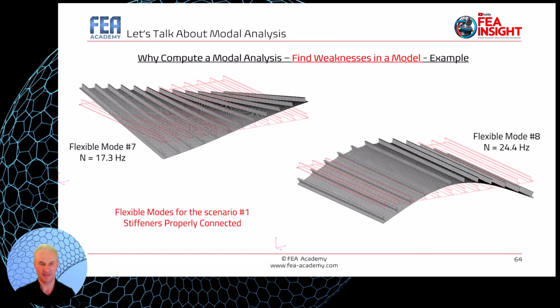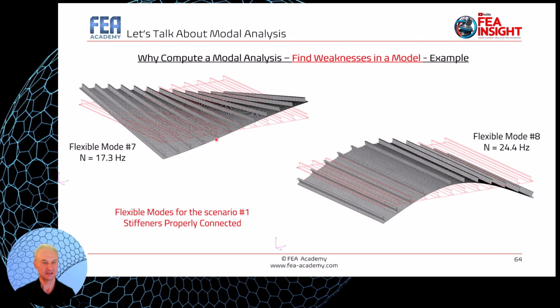Let's do it. So here we are looking at scenario 1, which is the scenario where the stiffeners are properly connected. The flexible mode 7 and the flexible mode 8 inform you that everything is working together in the flexible mode. And it is what you expect, because what you want to model is a stiffened panel having stiffeners properly attached to the panel.